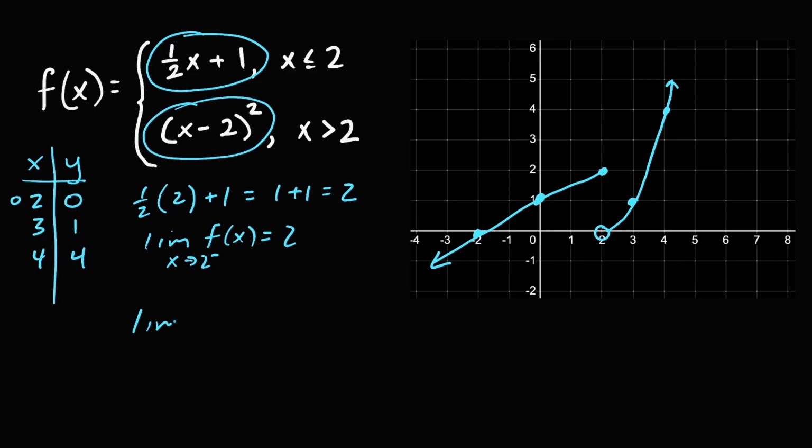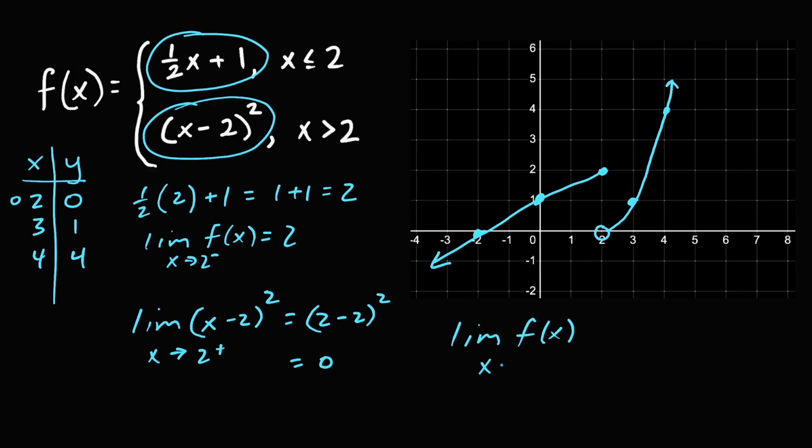So when we look at the limit of (x minus 2) squared, because that's our function there, as x approaches 2 from the right, it would be (2 minus 2) squared. We can just substitute in, so we get 0. So the limit from the left does not equal the limit from the right. And we can write that like this.